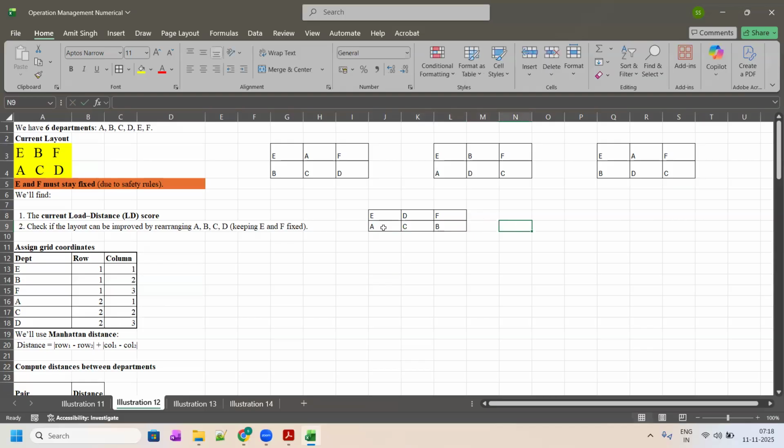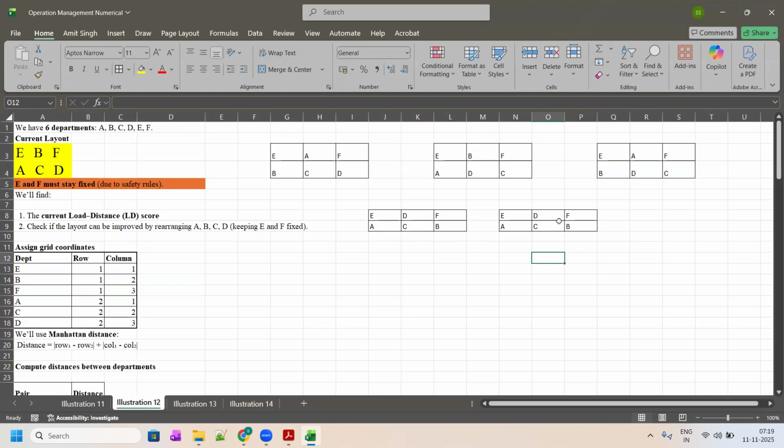This is one possibility: I interchange the position of B and D. What can be the other possibility?